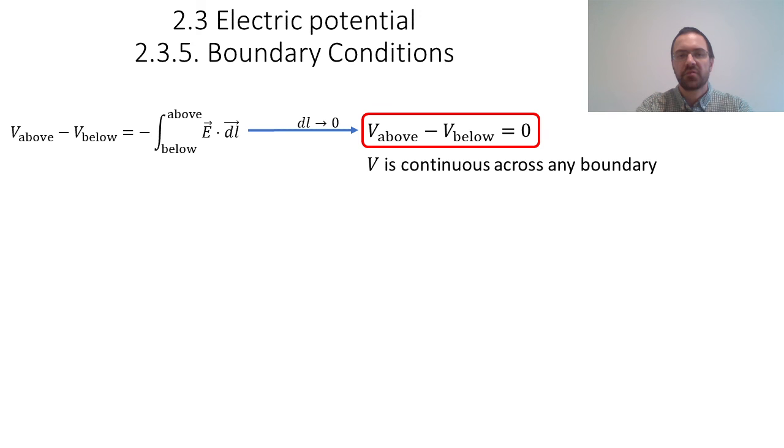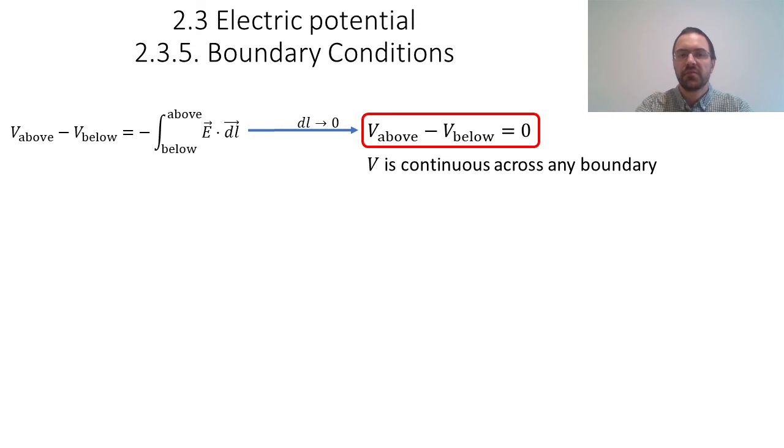If dl tends to 0, that is, if we look at the difference of electric potential just above and just below the surface, exactly at the boundary, then we obtain that the integral is 0. So V above minus V below is equal to 0. This result means that V is continuous across any boundary, regardless of charges of that surface boundary.